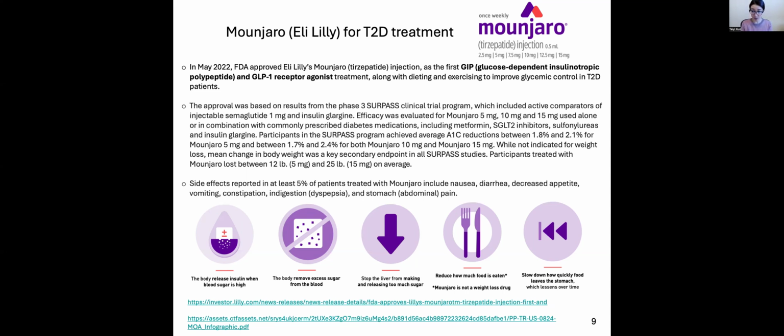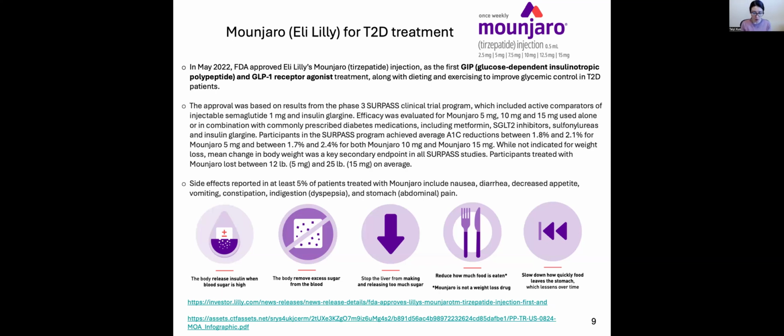And the answer is yes, the participants treated with Mounjaro lost between 12 pounds and 25 pounds on average. So like I said, every medication has its associated side effects. So for Mounjaro, side effects include nausea, diarrhea, decreased appetite, vomiting, constipation, indigestion, and stomach pain.